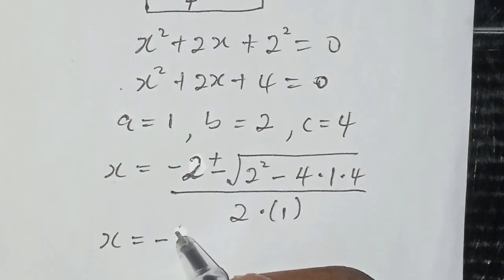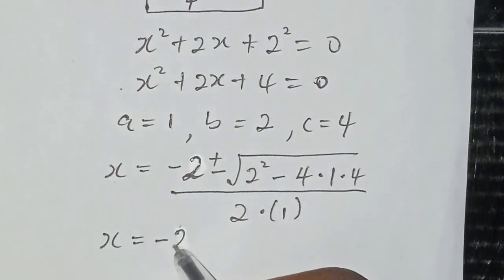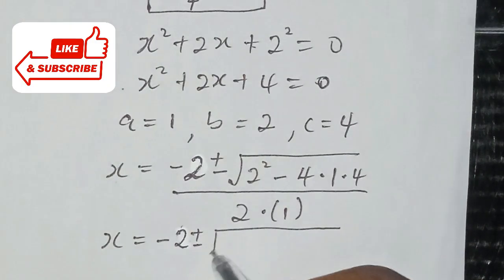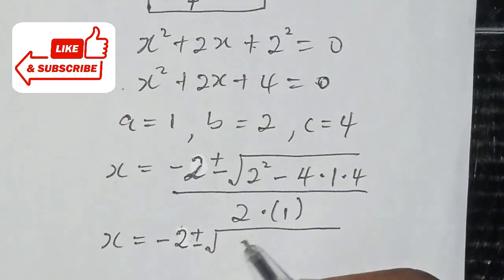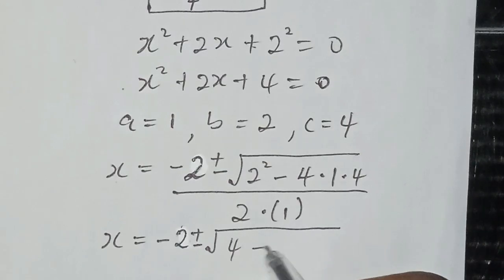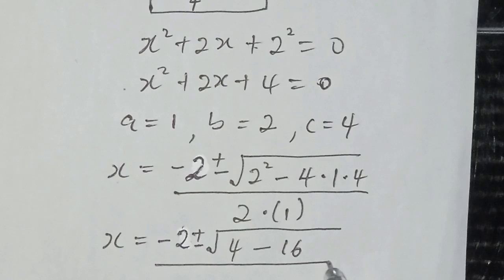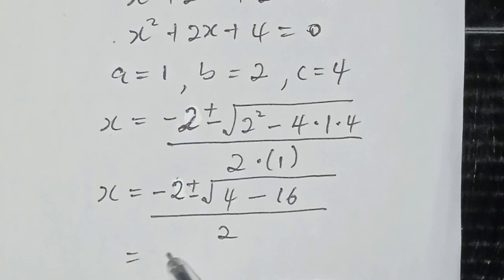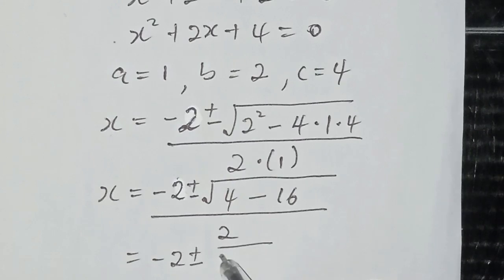And that is x equal to minus 2 plus or minus square root of 4 minus 16 over 2, which is equal to minus 2 plus or minus square root of minus 12 over 2.